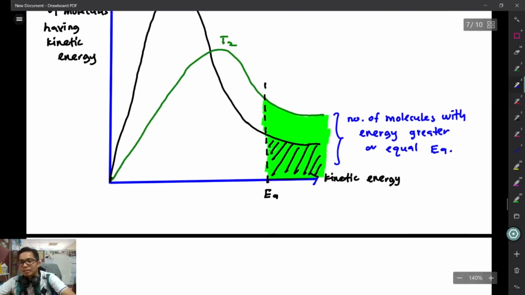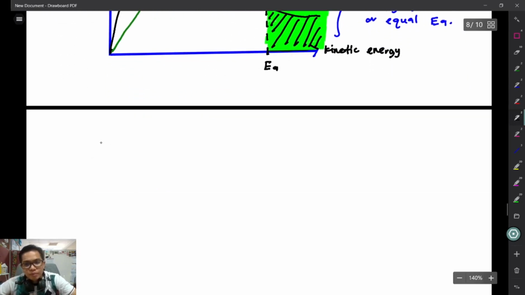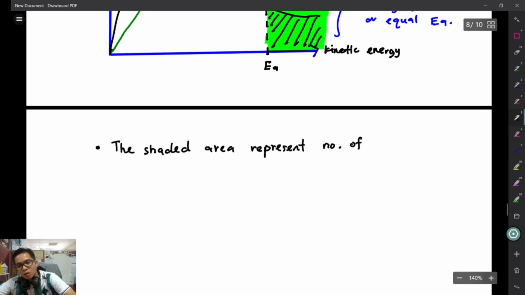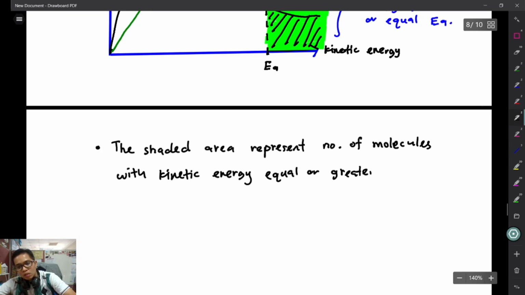So write below, I made a mistake earlier. So the shaded area represents the number of molecules with kinetic energy equal or greater than activation energy.